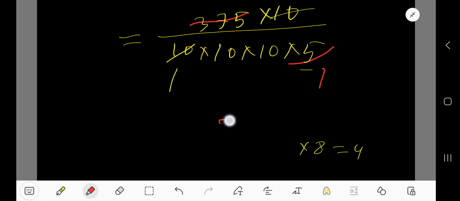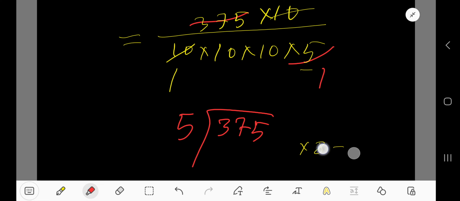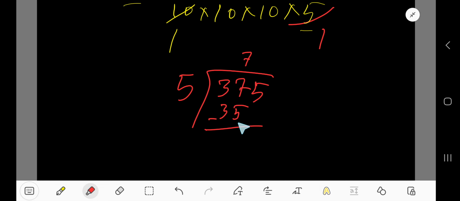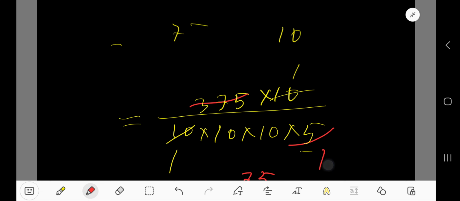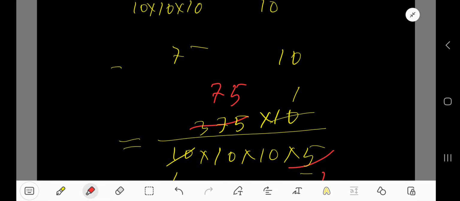Look, 375 by 5. 5 goes into 37 how many times? 7 times. 7 times 5, 35. If you subtract, bring down this 5. 5 goes into 25 5 times. So 5 times 5, 25. If you subtract, you get 0, that is 75.